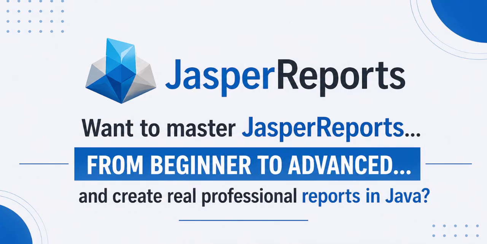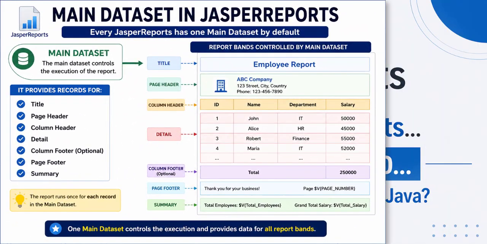Then we explained the main data set. Every Jasper report contains one main data set by default. The main dataset controls the execution of the report and provides records to the report bands such as title, page header, column header, detail, column footer, page footer, and summary. Then we explained the subdataset.